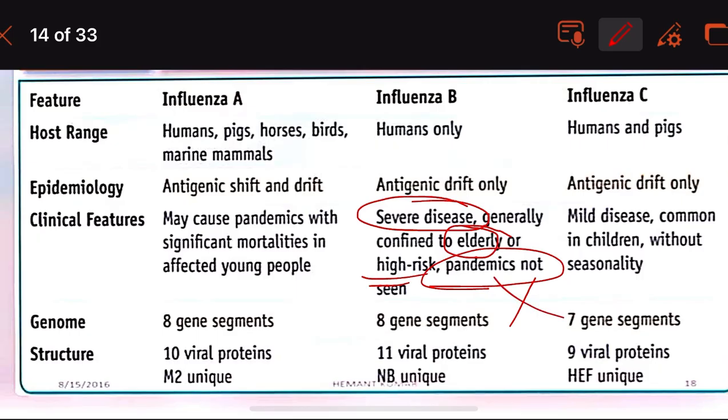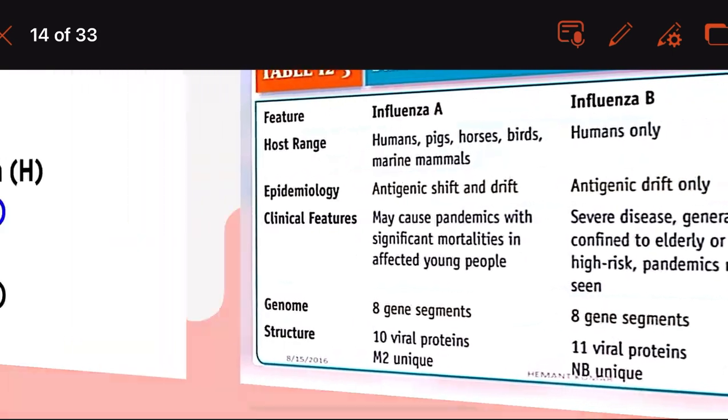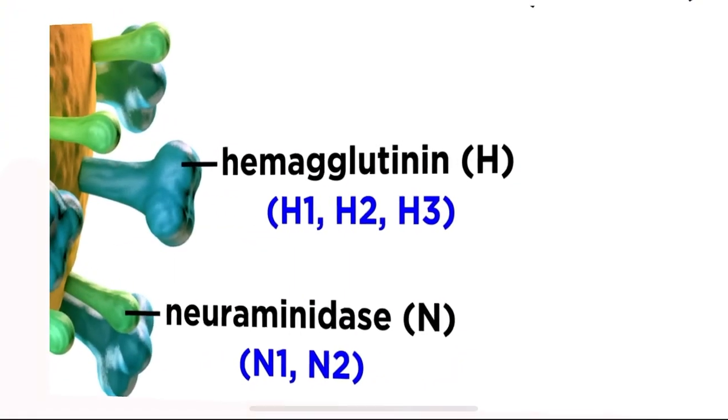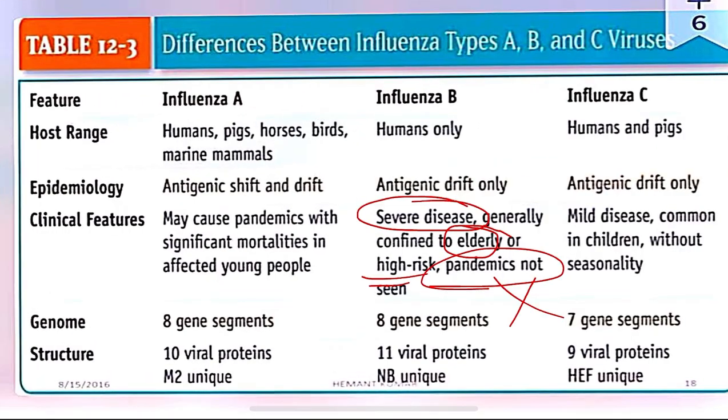Pandemics are not seen in influenza B. Whereas influenza C causes a milder disease, commonly in children, without any seasonality.